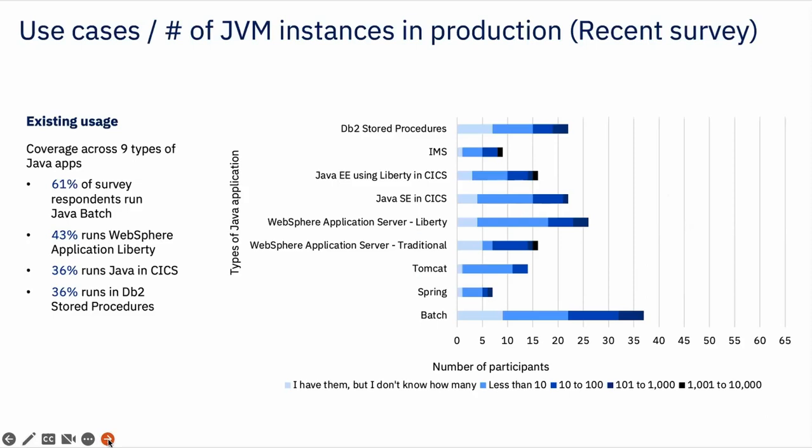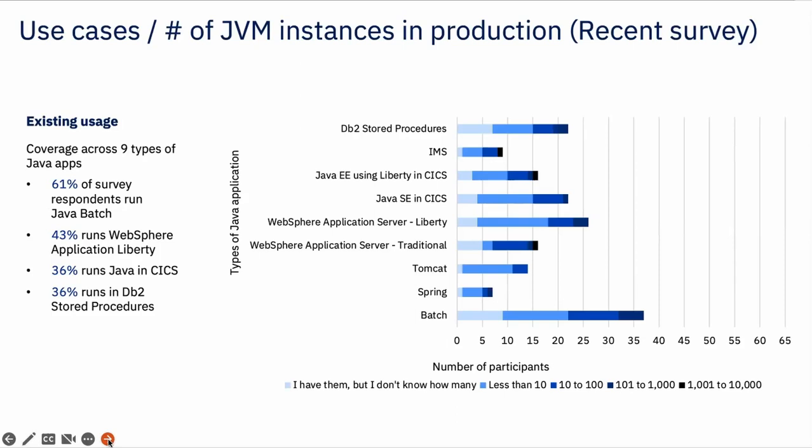This is from a recent z/OS client survey. We know that 61% of the survey respondents are running Java Batch, 43% run Liberty, 36% in CICS, and 36% in Db2. So those are the more popular ones I want to highlight to you.